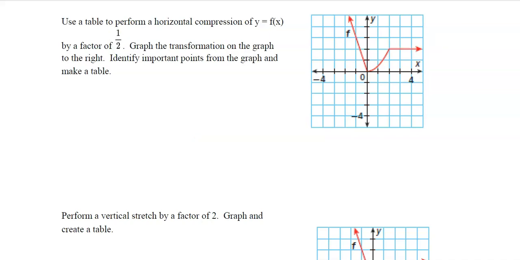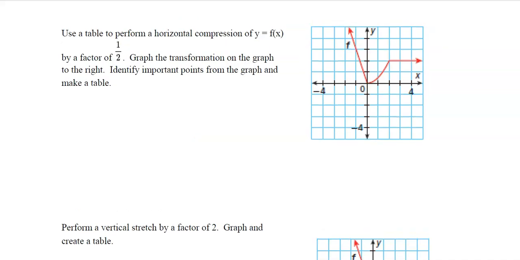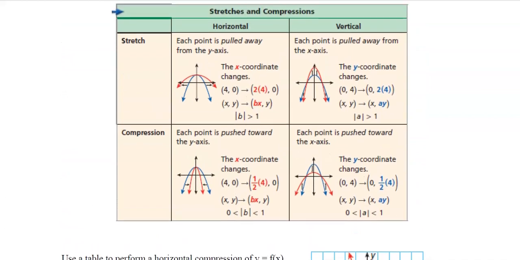So let's go up here to the chart and let's look at the horizontal compression section. So horizontal compression is in the lower left. And it says we're shoving everything towards the y-axis. And what we need to do is change the x-coordinate by that factor. We need to manipulate the x numbers by that factor.